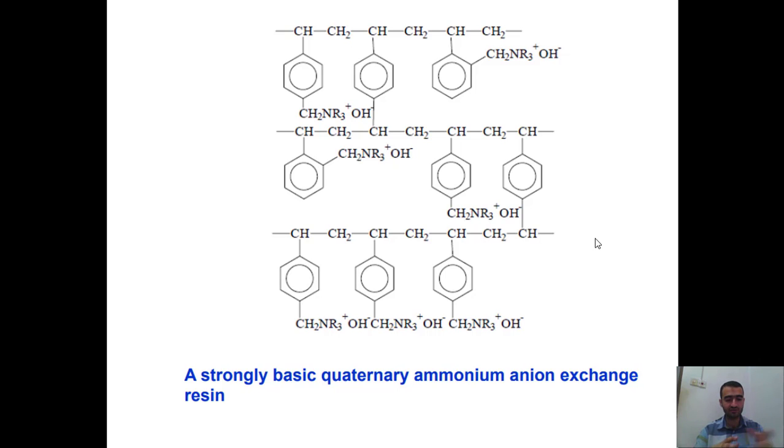And this is another example, a strongly basic quaternary ammonium anion exchange resin. In this one, ammonium is used as the anion exchange group, and we can see the hydroxyl group attached to the host.